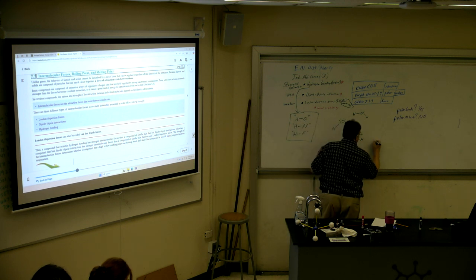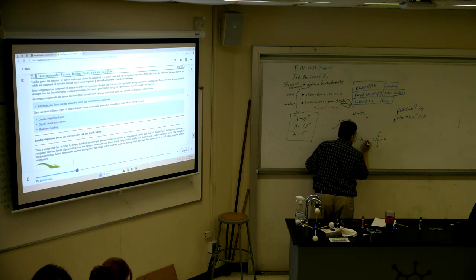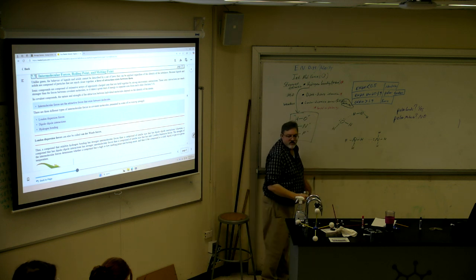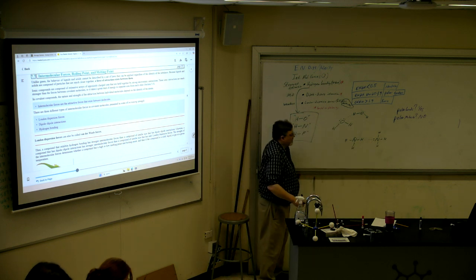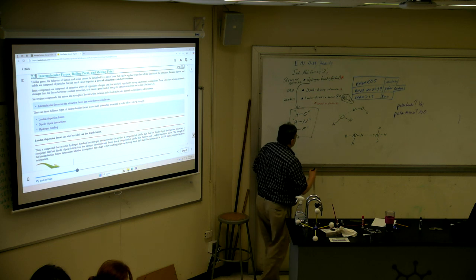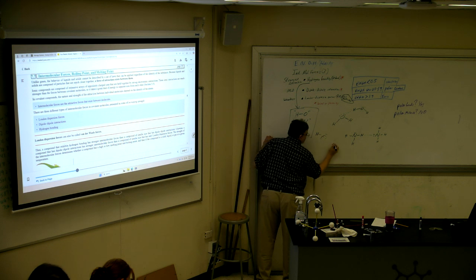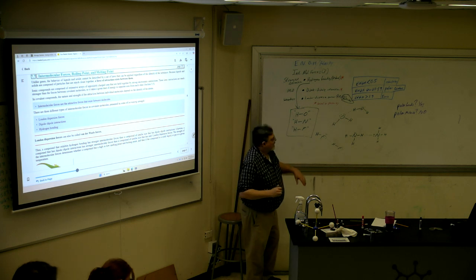But I'm just using the most fundamental example I can here. Hydrogen being attracted to the pair of electrons on another molecule. And then the last one, HF. If we did the Lewis structure, we would have all these pairs of electrons. That's it. The only three examples there are for hydrogen bonds.